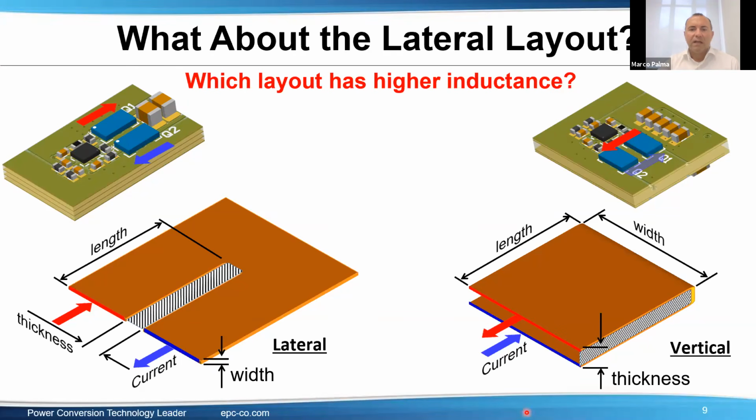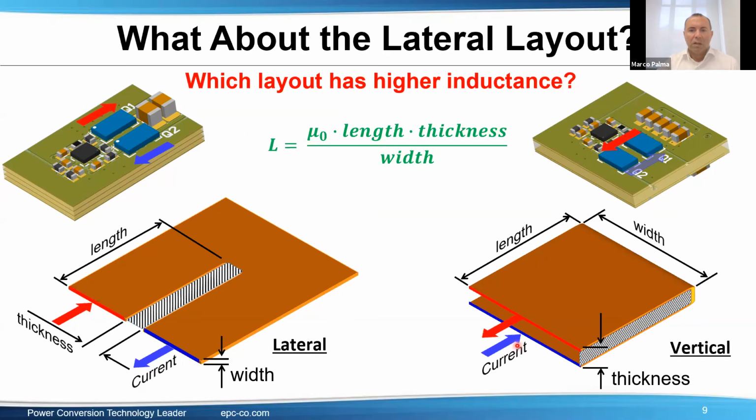For the lateral design, the definitions change, so we need to adjust what we define as length and width. Plugging those definitions into our equation, we can see that width has become a very small value below the line in the equation, driving a significant increase in inductance. Here, width is very small, and inductance is inversely proportional to the width.